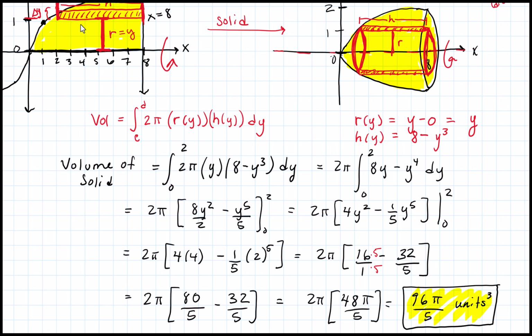Our final volume here is 96 pi over 5 units cubed.